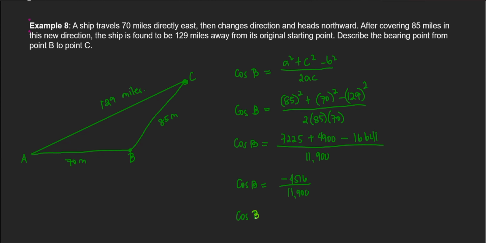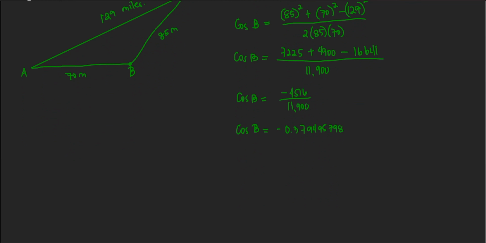So cos B, calculate. So negative 4,516 divided by 11,900. So we have negative 0.379495798. So again, ang hinahanap natin is angle B. So we have to use the inverse.